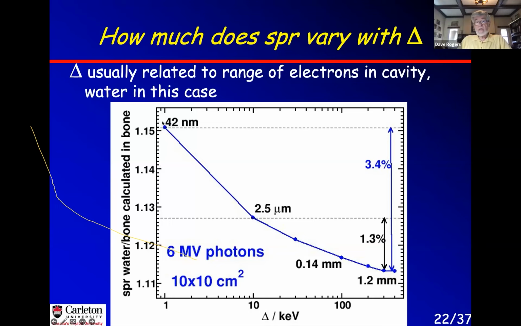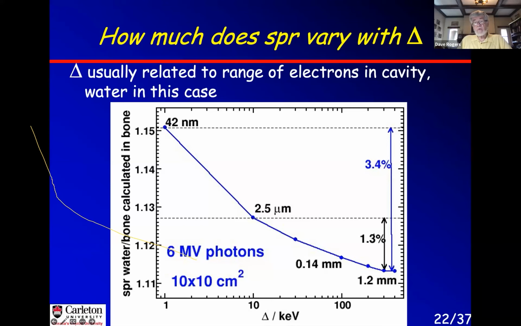Okay, so this, to put in context, a typical human cell is anywhere from, say, 10 to 100 microns. So, and if we go up to using larger and larger values of this cutoff here, you can see the stopping power ratio is actually changing by a few percent.